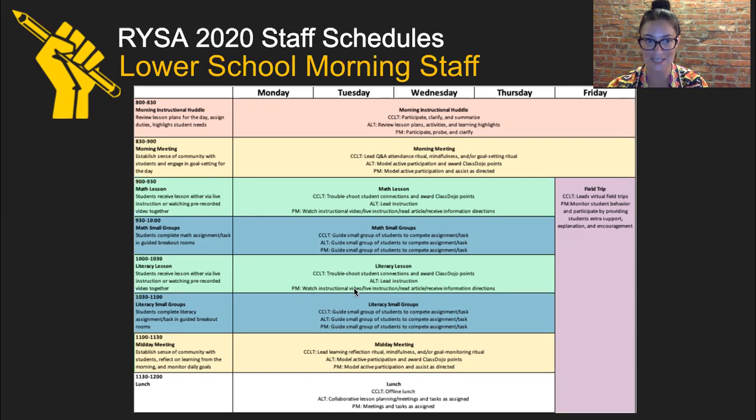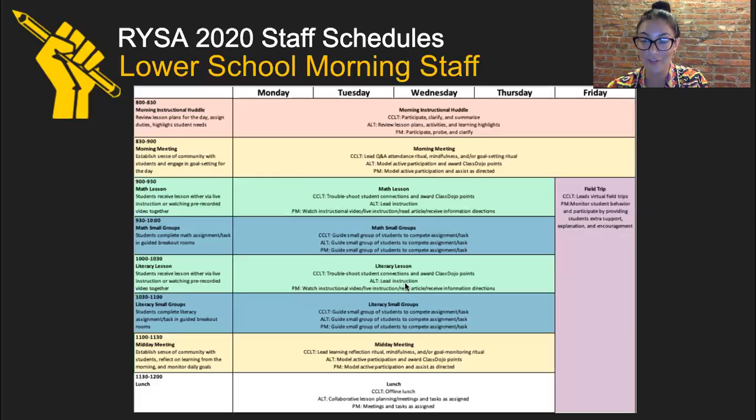So I will restate. In the event that the literacy lesson begun here at 10 a.m. does not in fact take that whole half-hour period, the academic lead teacher should feel empowered and encouraged to move directly, seamlessly into their small group supports.